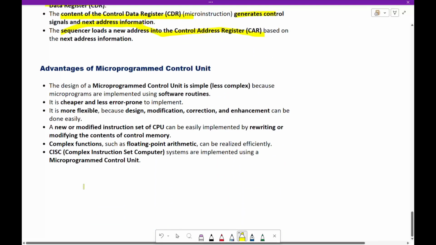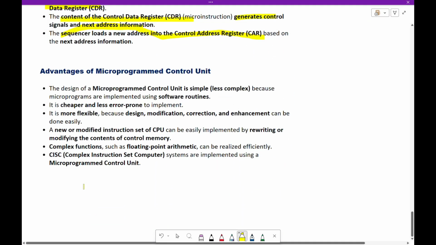The advantages of microprogram control units are: the design of the microprogram control unit is very simple and less complex because microprograms are implemented using routines. It uses software to implement the programs and instructions used to generate the control signals.